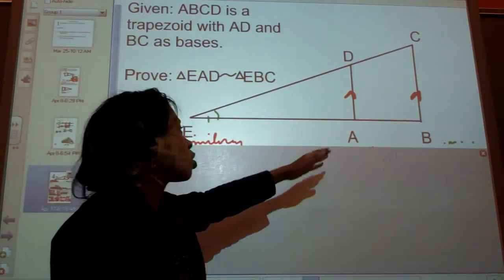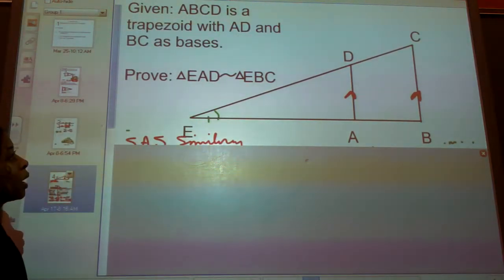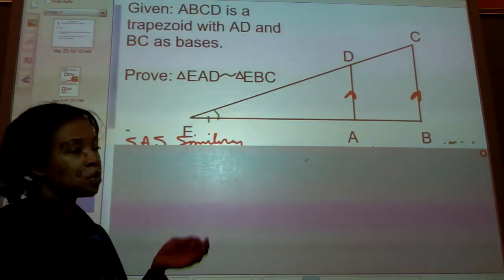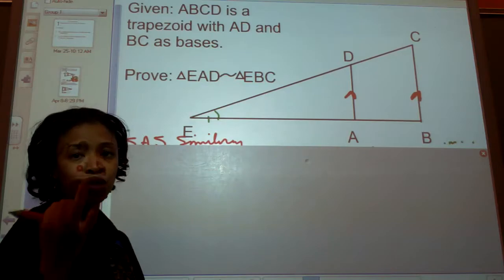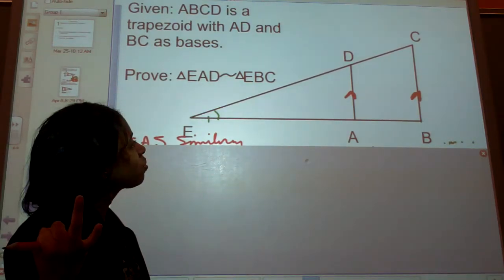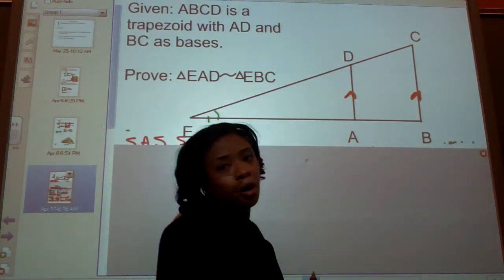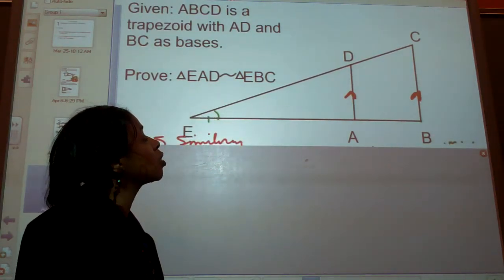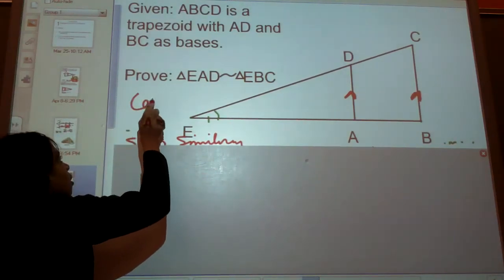So I marked up to show that AD is parallel to BC. Okay? Then our third thing I do is start thinking about what kind of things can prove that? Well, because I know that these two are parallel, I see corresponding angles. I could use corresponding angles.